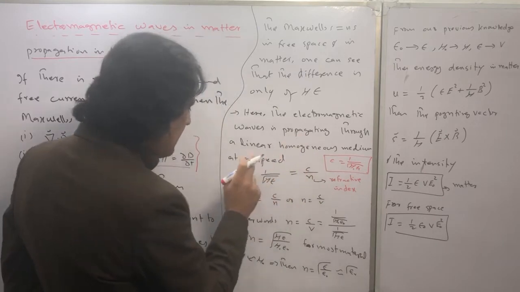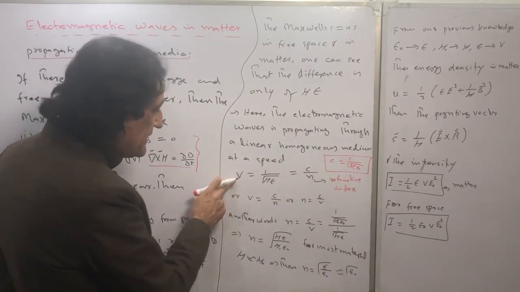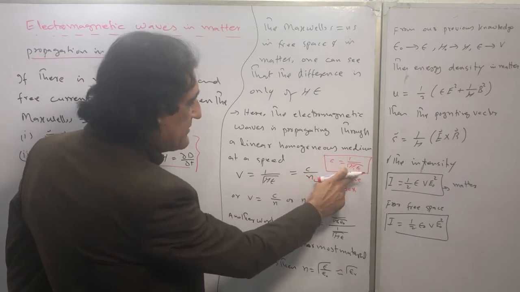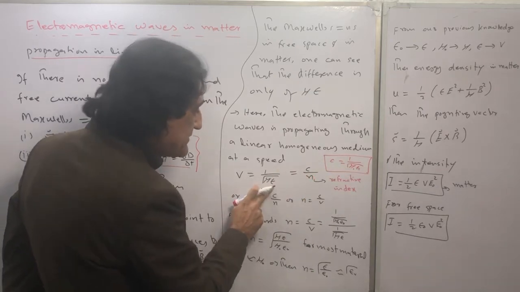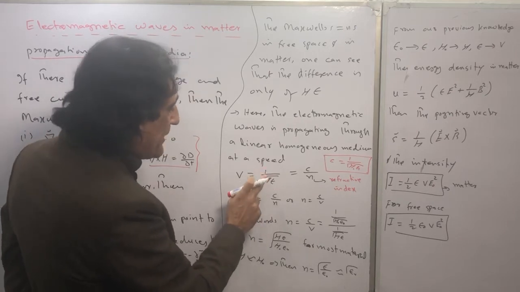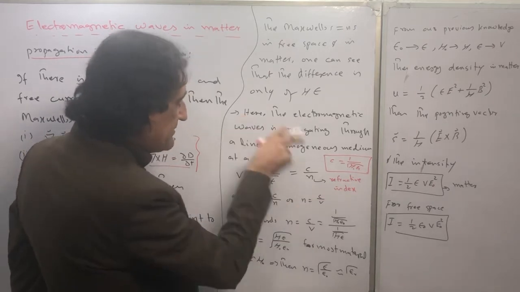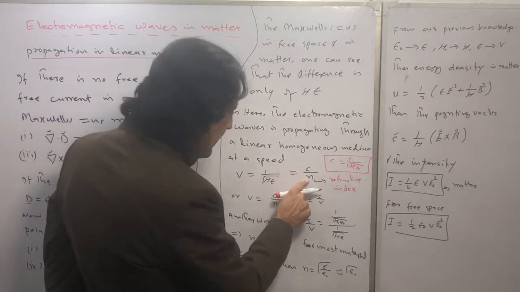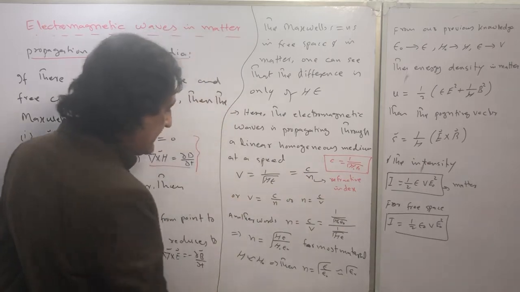When light moves with velocity v in a medium, we must replace mu naught and epsilon naught by mu and epsilon, the permeability and permittivity of that material. And this is further equal to c divided by n, where n is the refractive index.